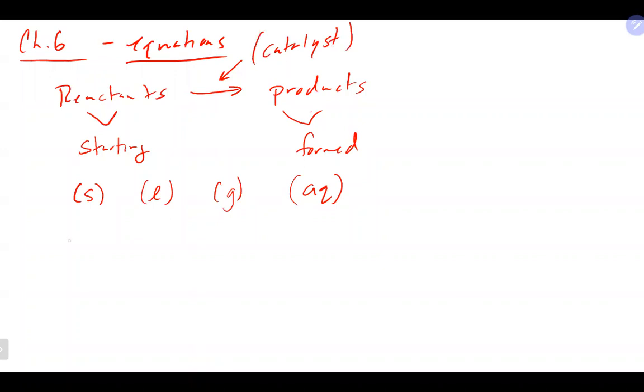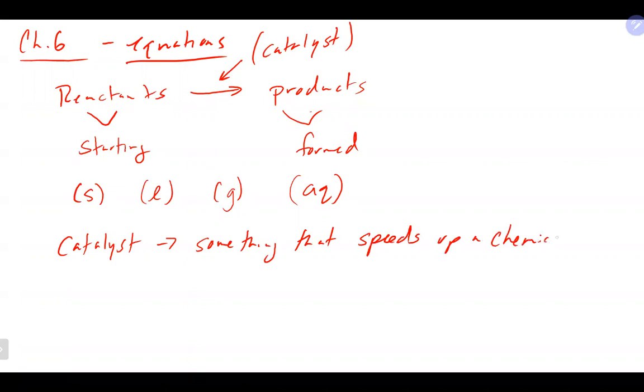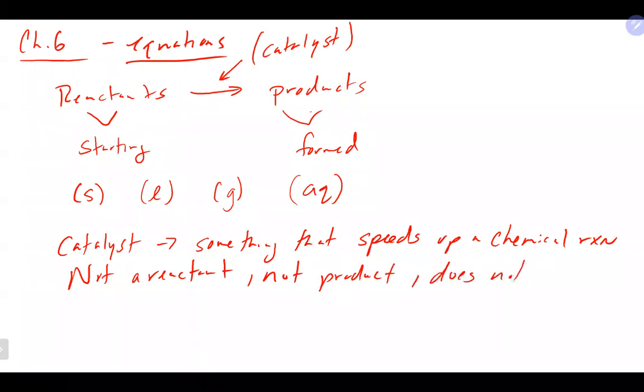Remember, a catalyst is something that speeds up a chemical reaction. It is not a reactant, and it's not a product, and it really does not get used up in the reaction. It is there just to facilitate that reaction happening quicker, as we talked about in an earlier chapter when we talked about energy.